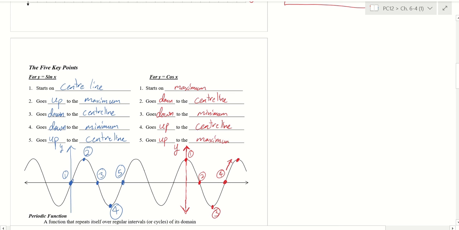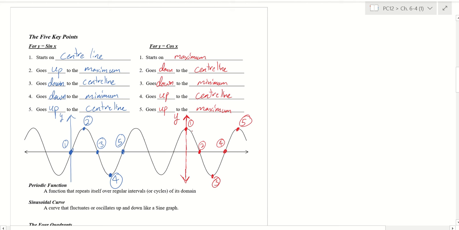These are the general patterns and key points for sine and cosine functions. So cosine starts at the maximum, decreases through the center line down to the minimum, and then it changes direction and starts increasing through the center line and then up towards the maximum. That's the behavior of cosine.